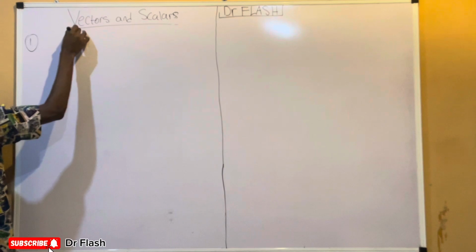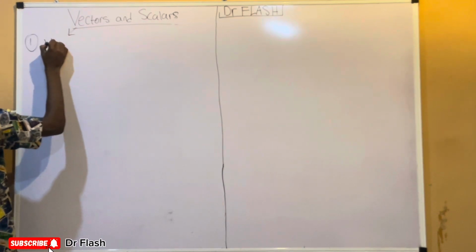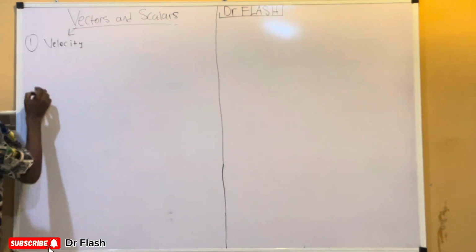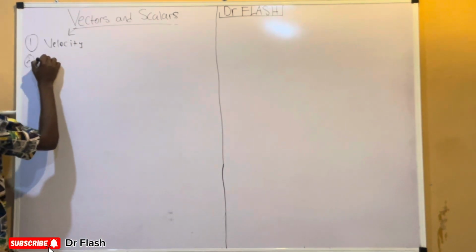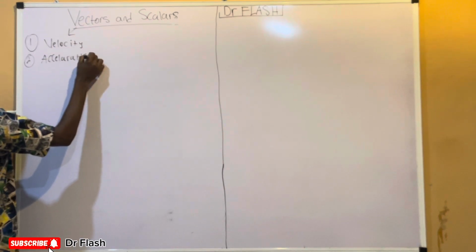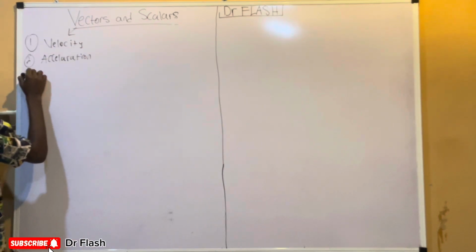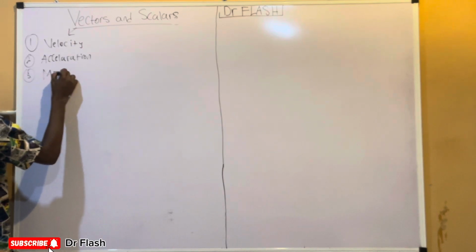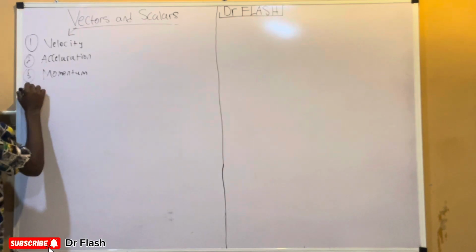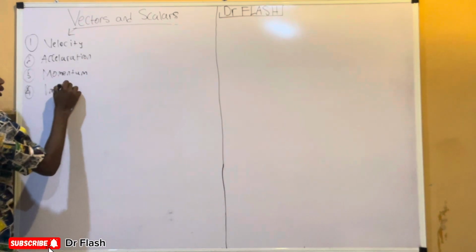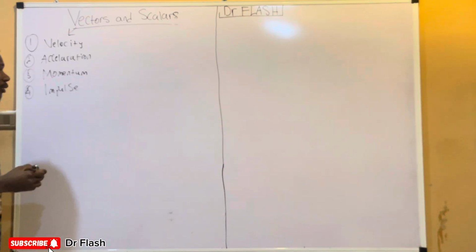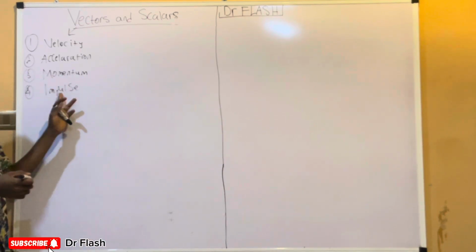For vector quantities, we have quantities like velocity, acceleration, and momentum. We have quantities like impulse, which is obvious simply because impulse and momentum have the same formula: mass times velocity equals force times time.